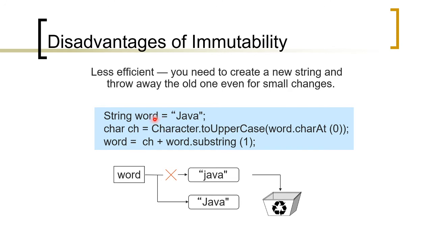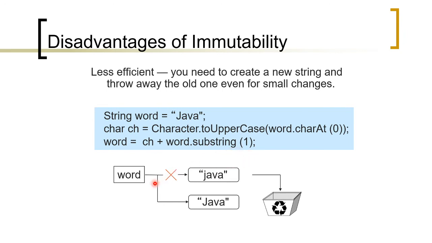So we do have here string word, which is assigned to Java, and then we want to get the first indexed character in the word, which is upper J, and then we change it to uppercase, and then we assign it to ch. Okay, so word is equal to ch plus word dot substring 1.